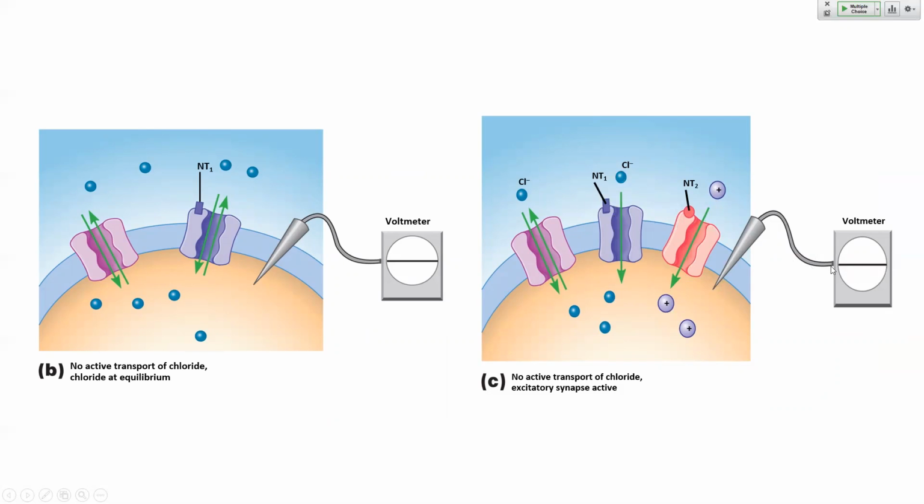There's no membrane potential change because every time a sodium comes in, a chloride comes in, right? Every sodium that comes in, a chloride comes in. And in this way, opening up a chloride channel can act as a stabilizing event of the membrane potential, preventing any type of depolarizing or hyperpolarizing changes of the membrane potential.